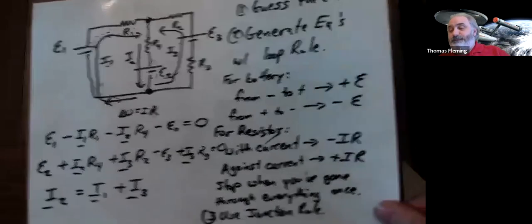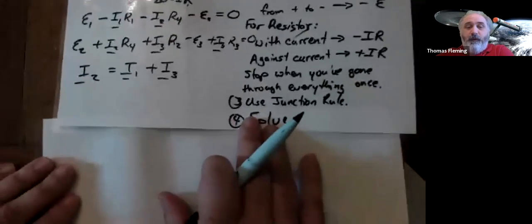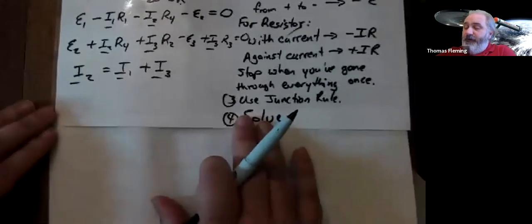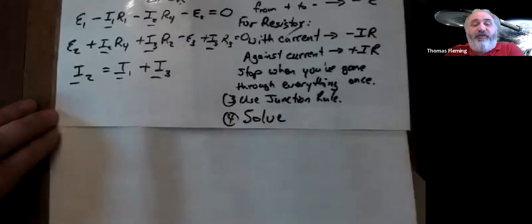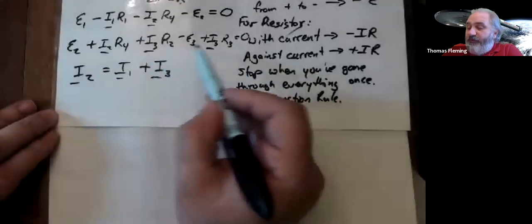So here's what I would do. First, what I would do is I would take some of these guys and I'd pretty them up a little bit. Like, for instance, this guy right here has I3 appear twice.